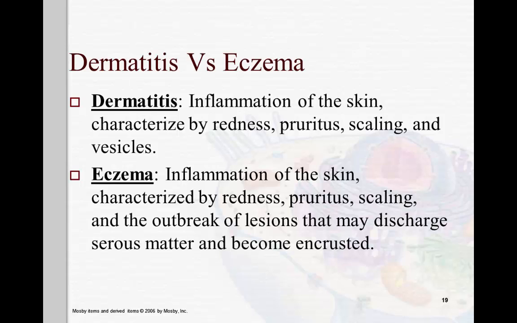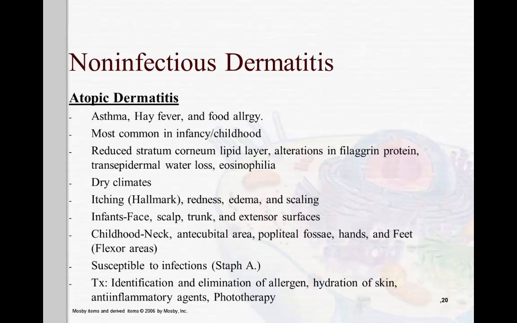Eczema is a term often used interchangeably with dermatitis, but is sometimes used synonymously with atopic dermatitis. So it's an inflammation of the skin that has the same characteristics of generalized dermatitis, and patients have a serous discharge coming from the primary lesions.